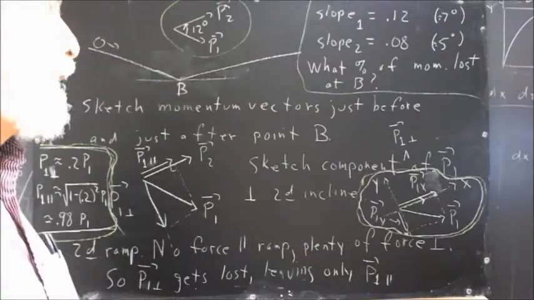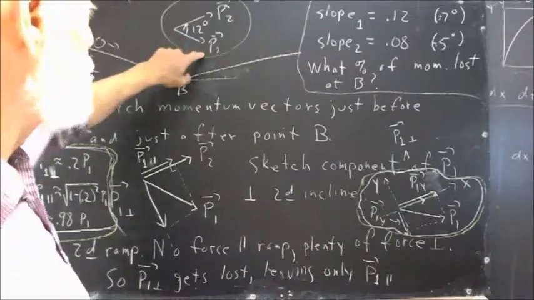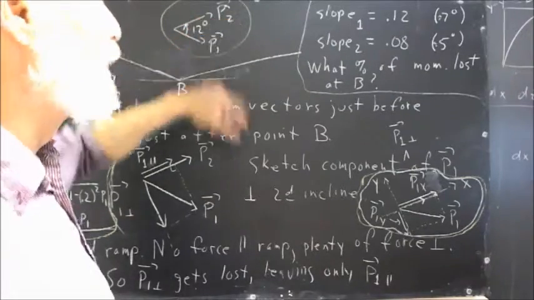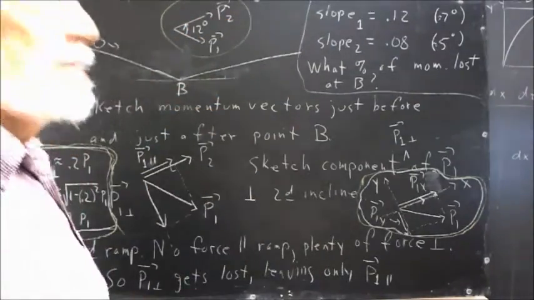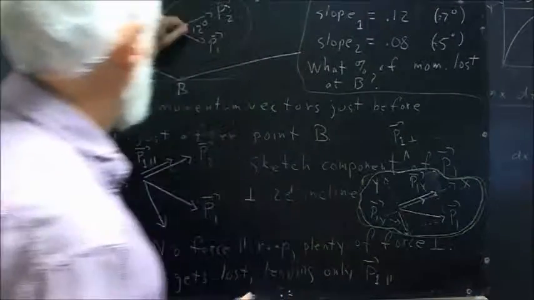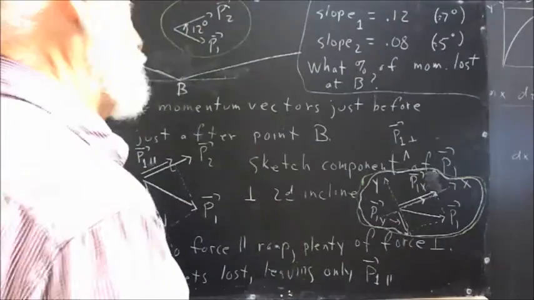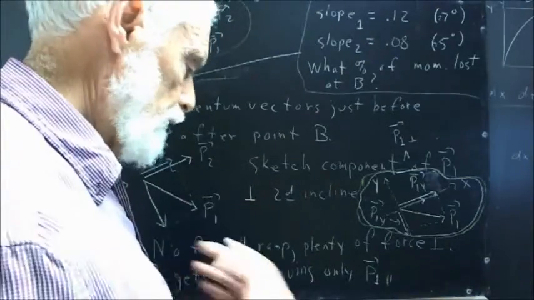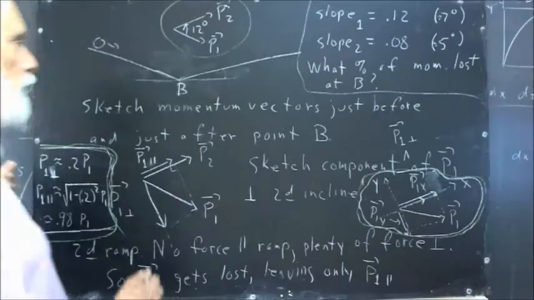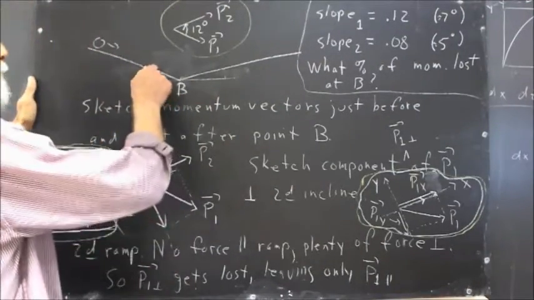We don't know what percent that would be of the total momentum, and we've got to be careful about that. So let's redo this sketch. We've got P1, we've got P2. Now, it took way too long for people to figure out what the angle between these two vectors would be. I've got it written here, it's 12 degrees, but I was getting 168 degrees and 7 degrees and a bunch of different stuff.